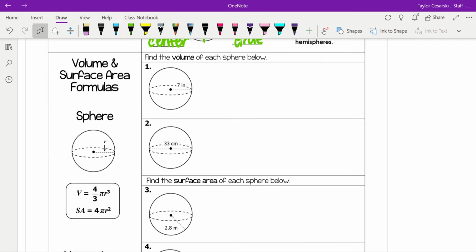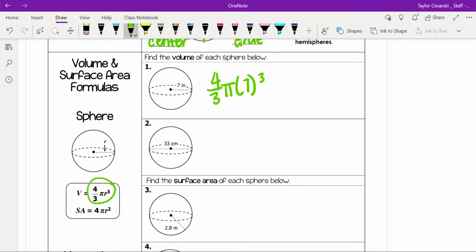Number one asks us to find the volume of the sphere. Here's our formula for the volume, and really it's just recognizing whether you are given a diameter or a radius, and then plugging it in. Here we're given the radius, so we plug it into our formula, 4/3 pi r cubed. So 4/3 pi 7 cubed.